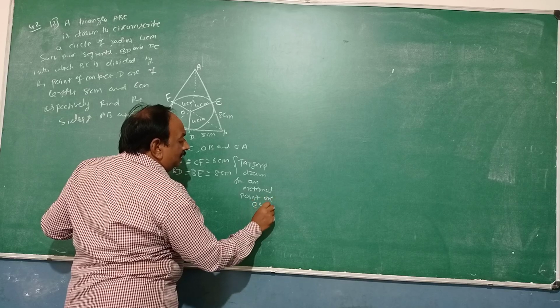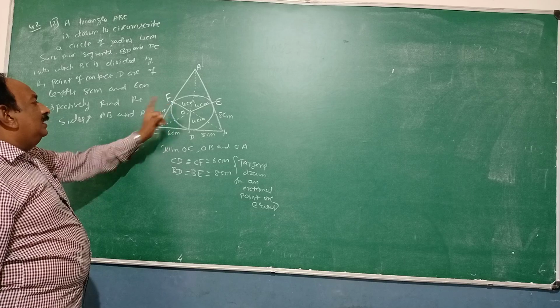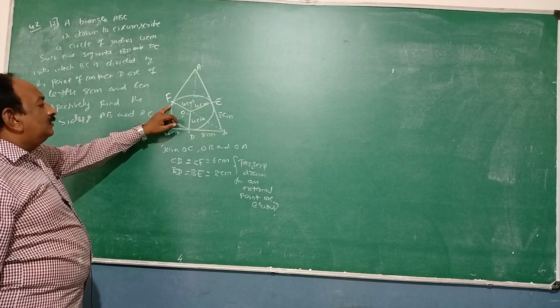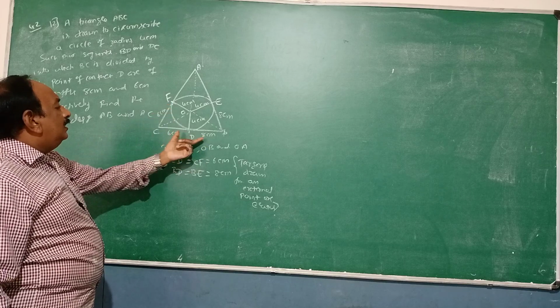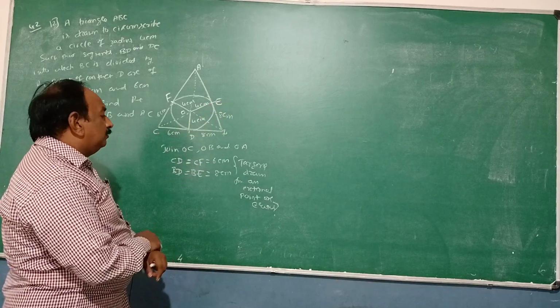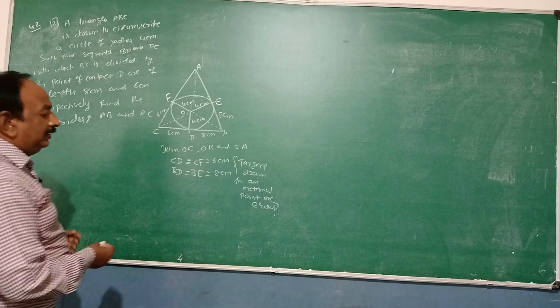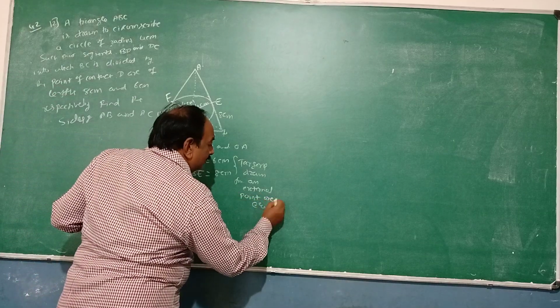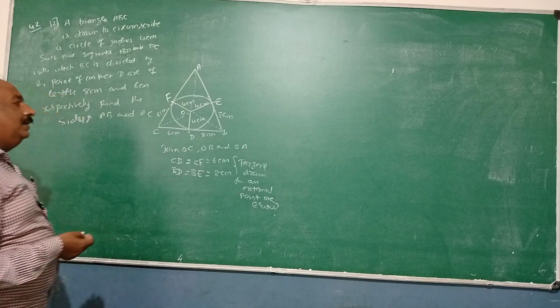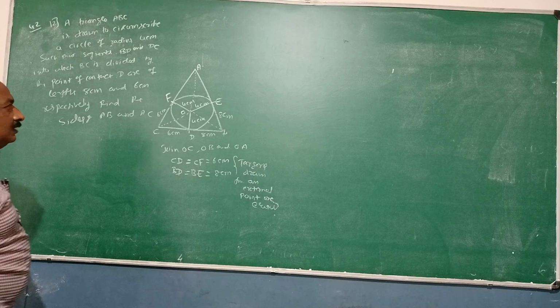CD is 6 centimeter, CF is also 6 centimeter, and BD is 8 centimeter, BE is also 8 centimeter, because tangents drawn from an external point are equal.